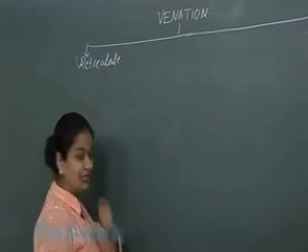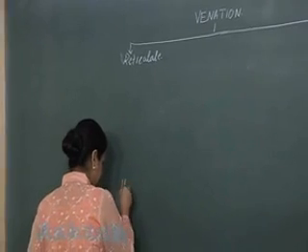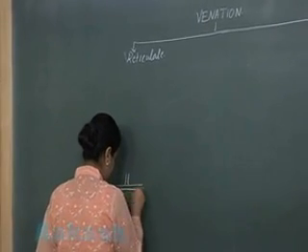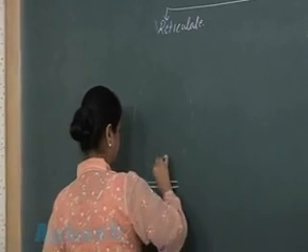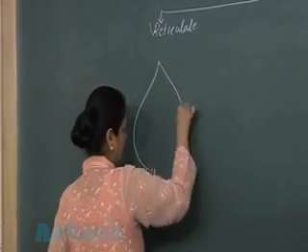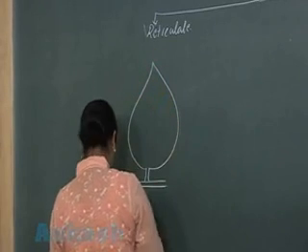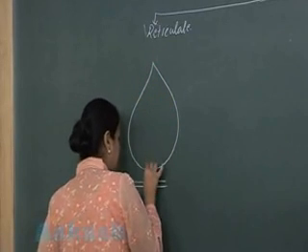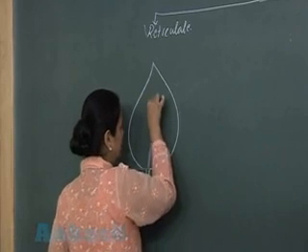तो देखिए रेटिकुलेट वेनेशन के अंदर क्या होगा, तो ये मैंने लीफ में लैमिना फॉर्म करा है. लैमिना के अंदर मैं ये दिखा रही हूं ओवर द लैमिना, दिस इज मेन वेन.